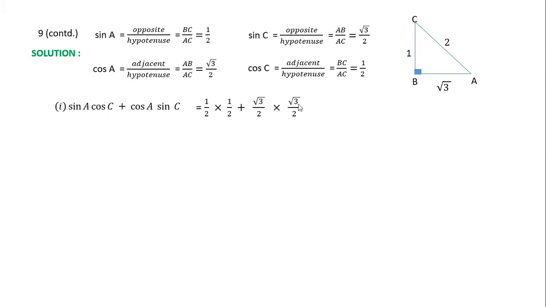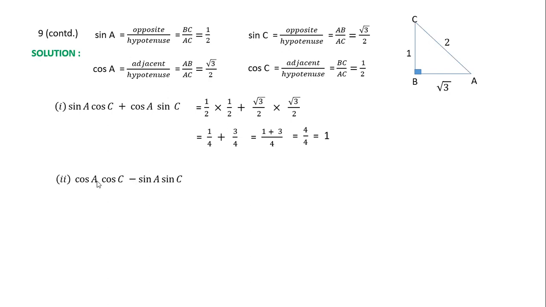And root 3 into root 3 is 3, 2 2s are 4. So it is 1 by 4 plus 3 by 4. LCM is 4. So 1 plus 3 is 4 upon 4, which is equal to 1. That means this answer is 1.